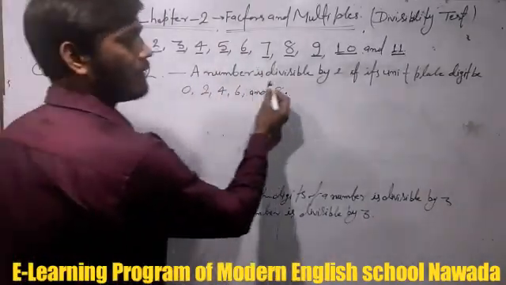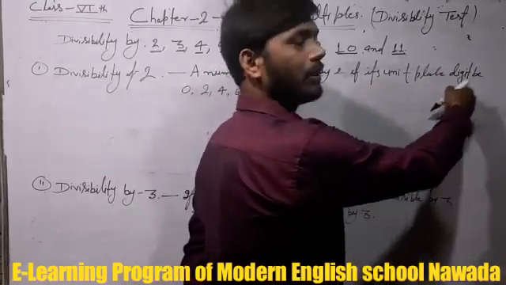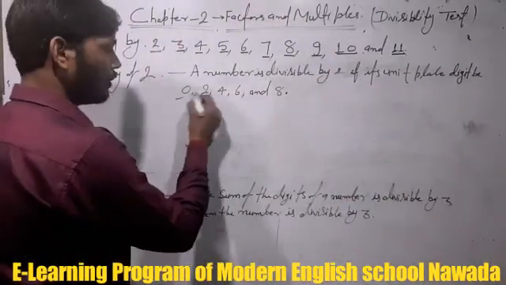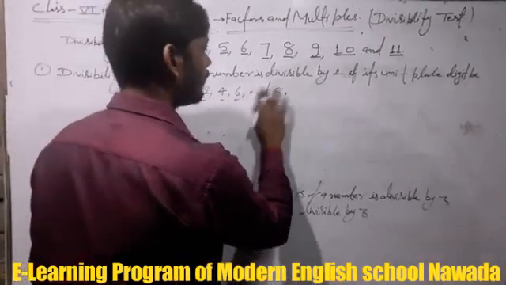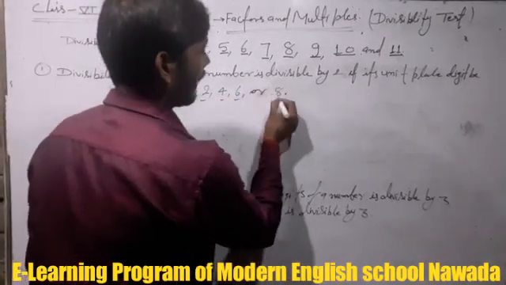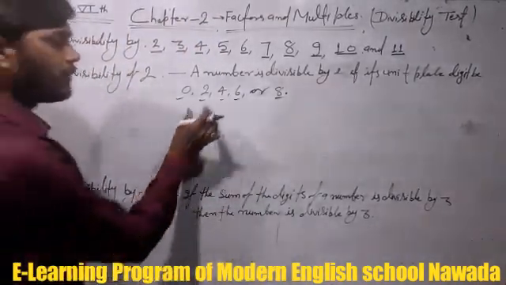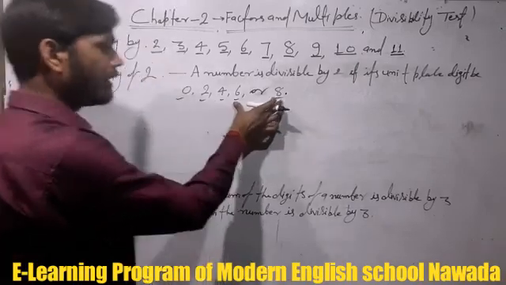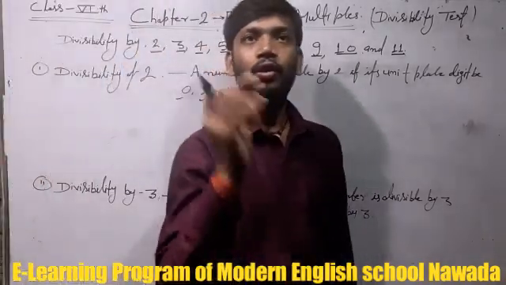A number is divisible by 2 if its unit place digit is 0, 2, 4, 6 or 8. That means if one of these digits is at the unit place, then the number is divisible by 2.